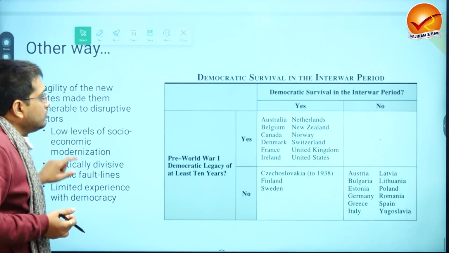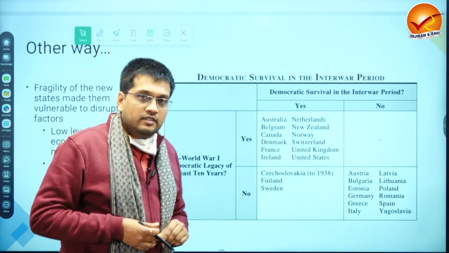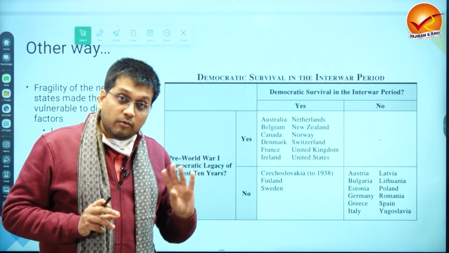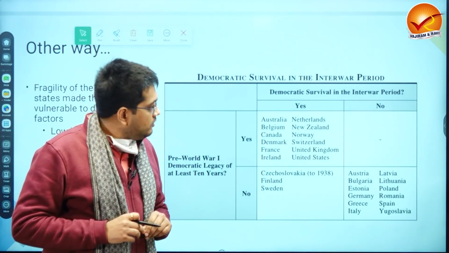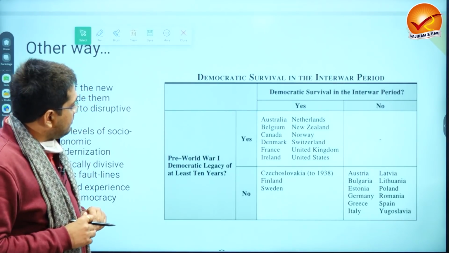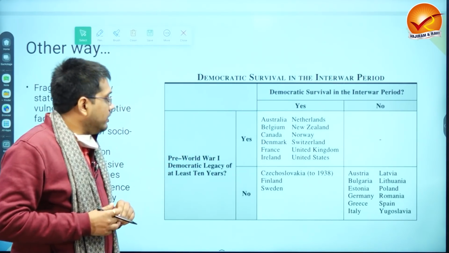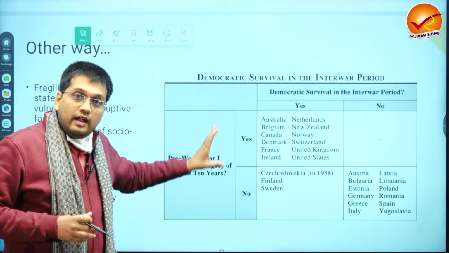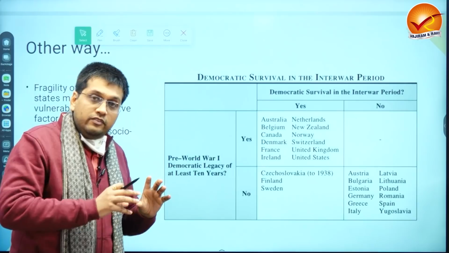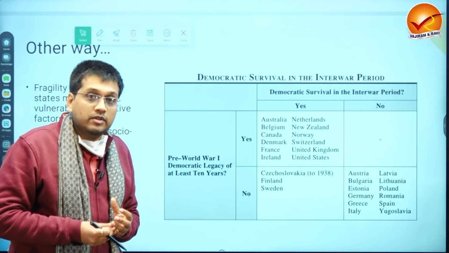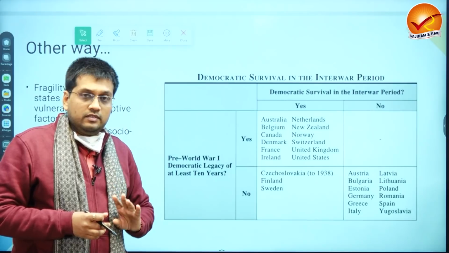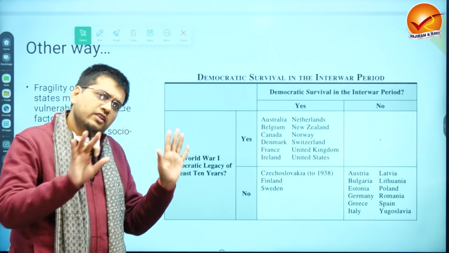You see, every state faced the problem, but not all democratic states collapsed. So I can divide the states into two parts. Firstly, the pre-World War I democratic legacy: which states had democracy going before World War I for at least some period, and which are new democracies that emerged, because the question is not differentiating only on new democracy or old democracy, it is talking about democracy in general.